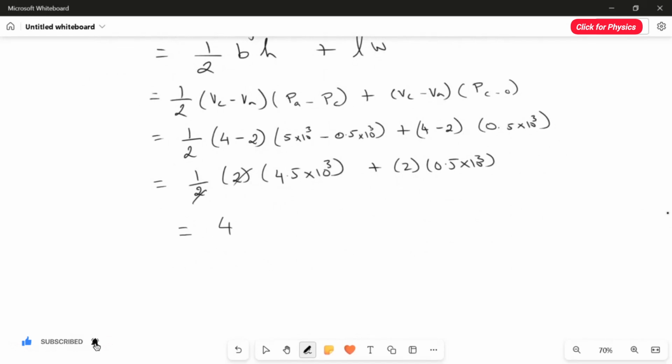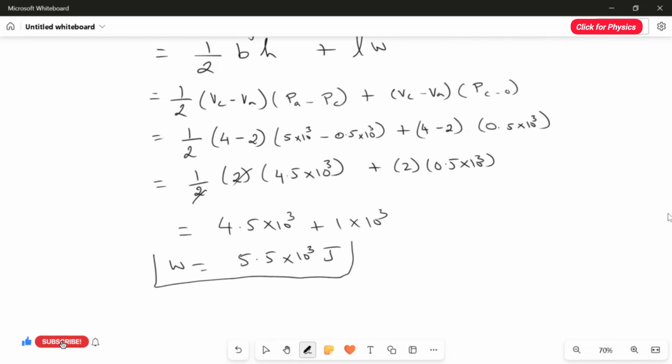So this one becomes 4.5 multiplied by 10 to the power of 3 plus 2 multiplied by 0.5 is 1, so 1 multiplied by 10 to the power of 3. So the total is 5.5 multiplied by 10 to the power of 3 joules. So this is the answer for part B.